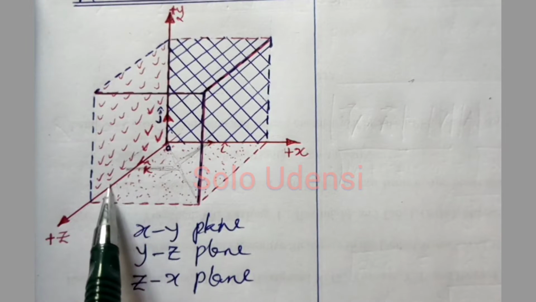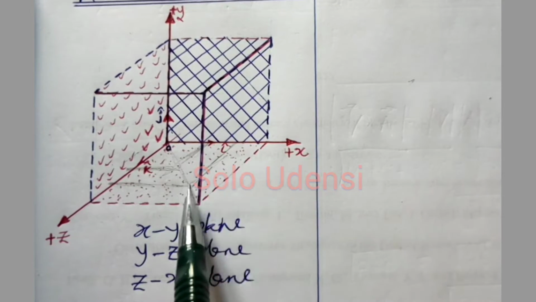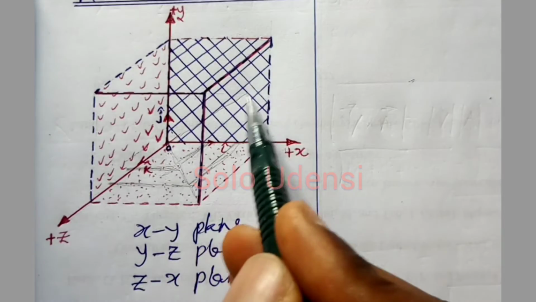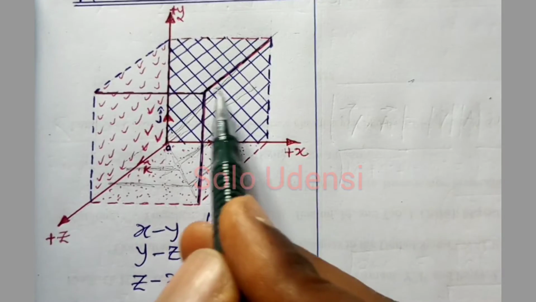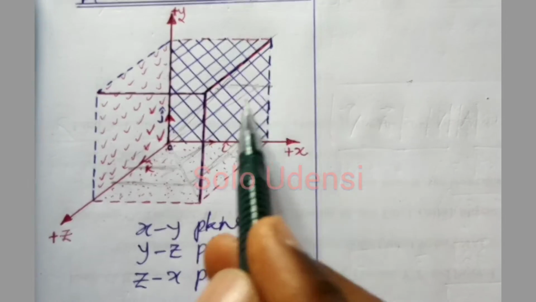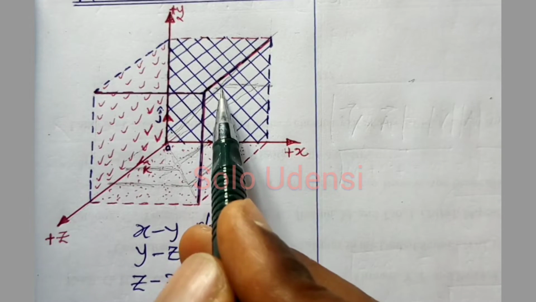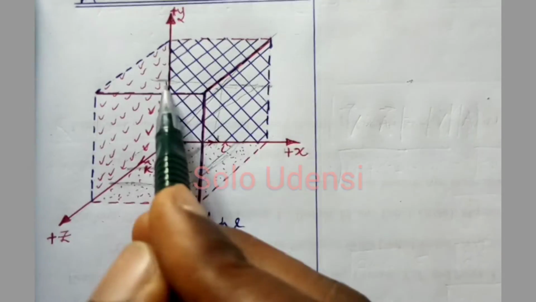If it is here, there will be a Z component here and an X component there. If it is moving this way, there will be a Y component here and an X component here.